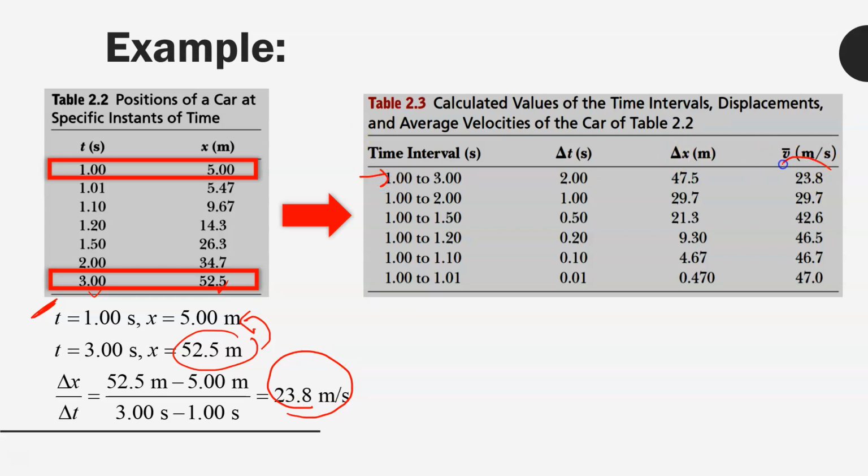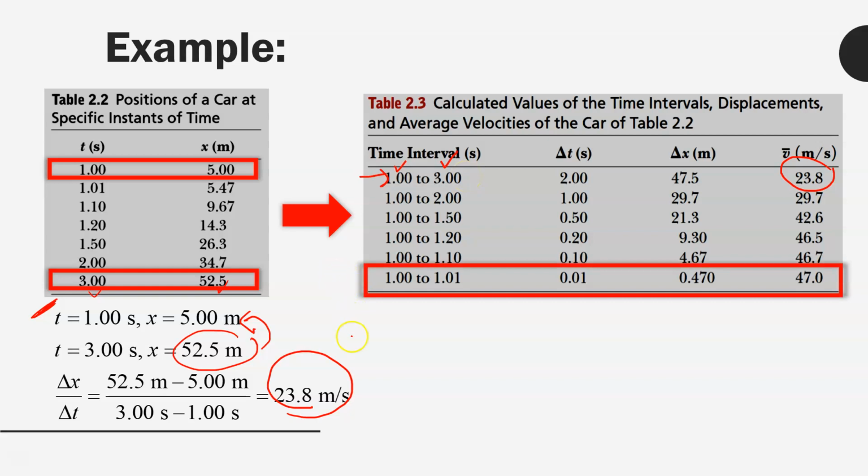You can read over here the velocity is equal to 23.8 from time interval 1 second to 3 seconds. So using a final interval of only 0.01 second, we calculate the average velocity is 47 meter per second. So this is the average velocity. Since this is a very short time interval, the actual instantaneous velocity is probably very close to the average velocity.